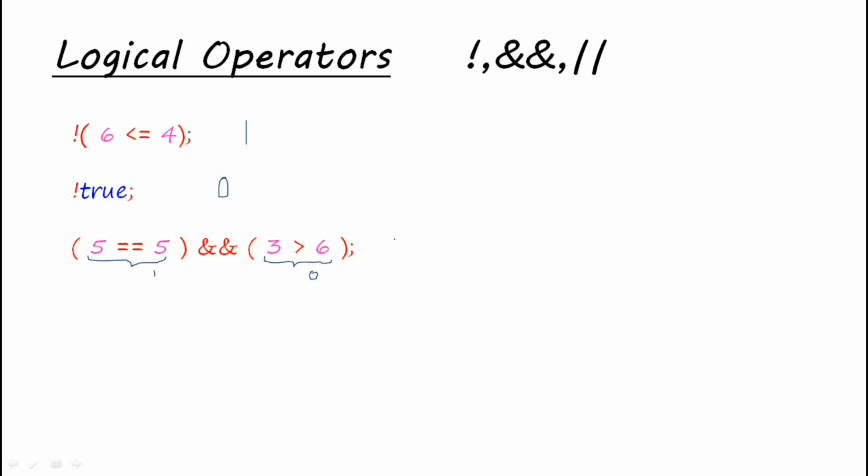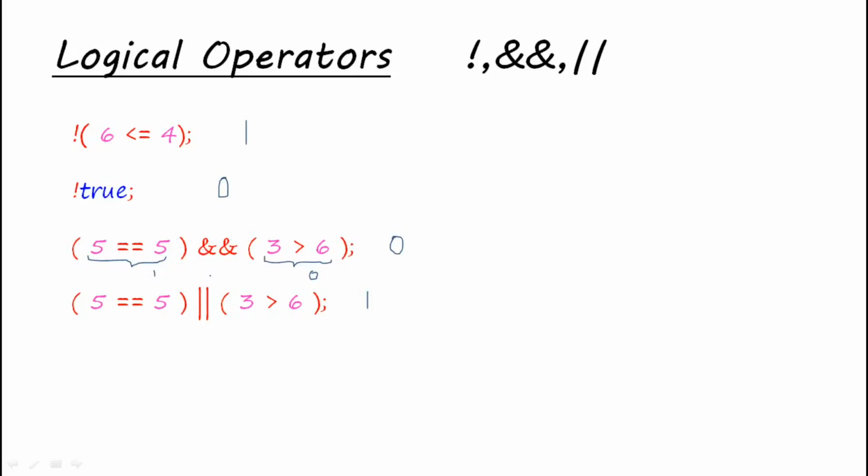So the overall result of this expression would be false, that is 0. On the other hand, if you do this with an or, this would give you 1, that is true or false. For or to be true, you can have any one of the expressions as true or both of them. So this would evaluate to true.